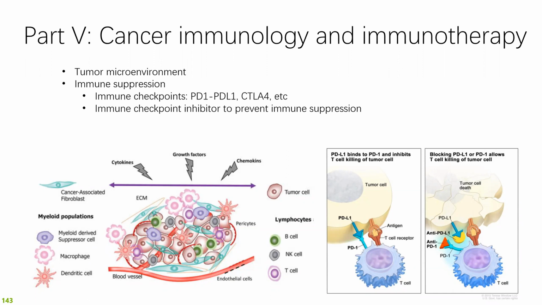A tumor exists in an environment that is infiltrated by many types of immune cells, mainly lymphocytes or myeloid cells, and we call this environment the tumor microenvironment. The tumor infiltrating immune cells will try to eliminate the tumor cells.